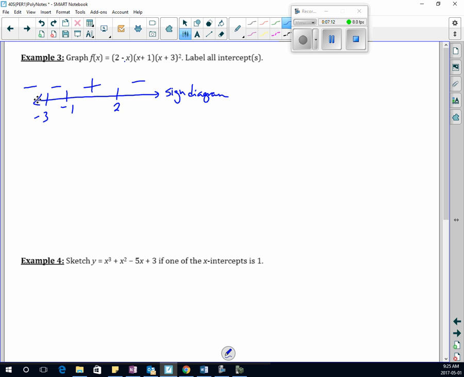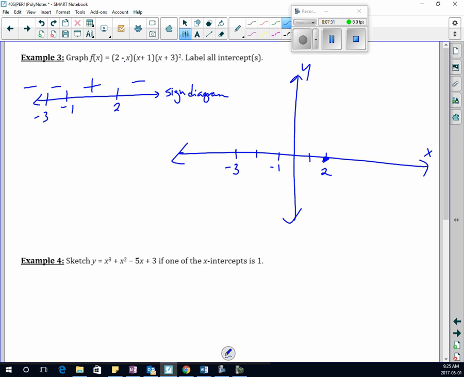Okay, so now we're going to label everything. So, we need to have a 2. Put a point there. We need to have a -1 and a -3. Can anybody tell me what my y-intercept is?